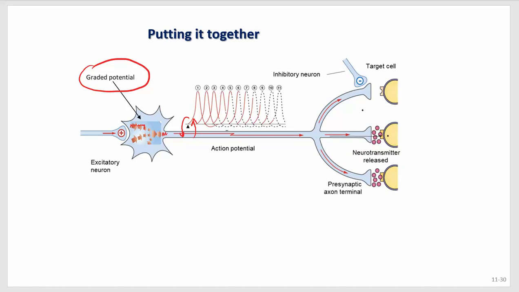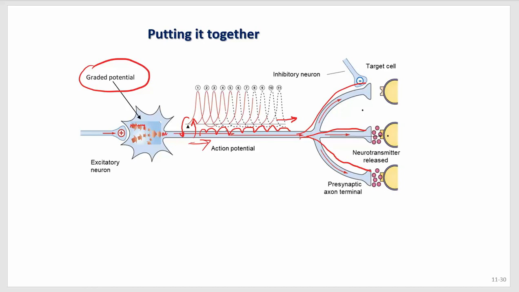Meanwhile, that depolarization signal has moved down to the next one, and it continues to do that. It can only move in that direction because of that refractory period. And then everything is just kind of pumped back into place, so you're ready for it to keep going in another round. So that action potential moves all the way down. It can split, bifurcate, and then you have neurotransmitter release at the axon terminal.